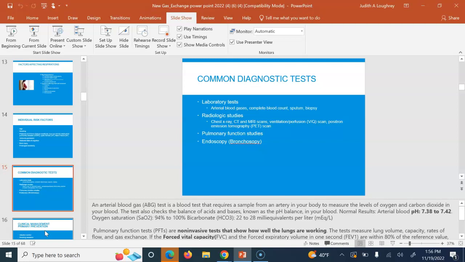X-rays or radiological studies, which include chest X-rays, CAT scans, MRI scans, ventilation and perfusion scans, positron emission tomography, which is a PET scan, pulmonary function tests, and also endoscopy.